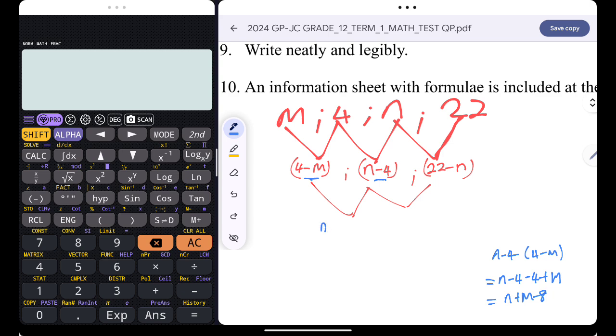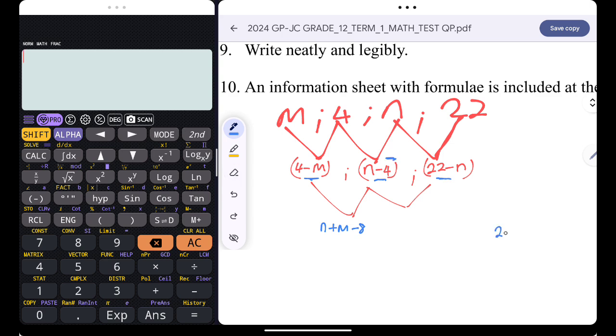So I'll have n plus m minus 8 over here. And then for me to find the term over there, I need to take this one and minus that one. How can I do so?